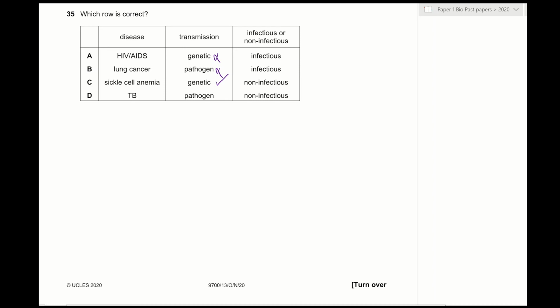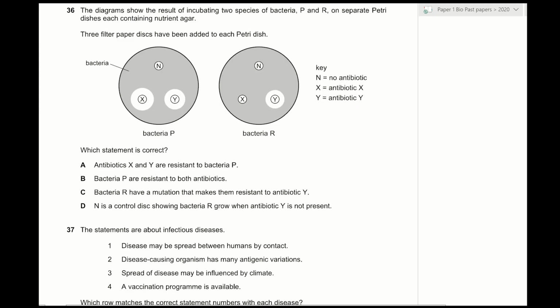D. Tuberculosis. Here it's assuming that tuberculosis is non-infectious. Actually, this is incorrect. Tuberculosis is infectious and it is transmitted by airborne droplets. Therefore, this is incorrect.